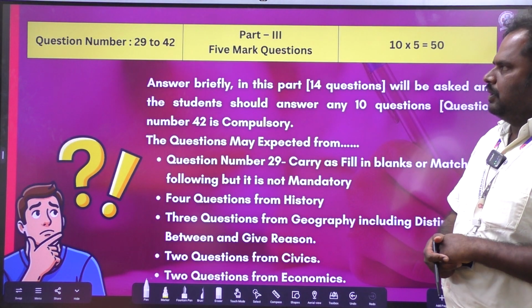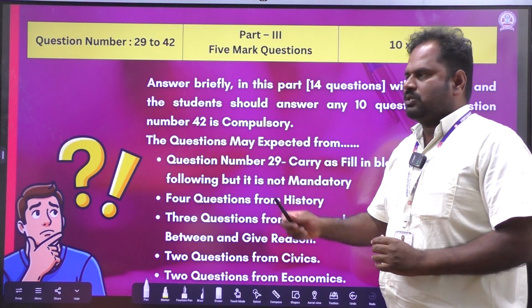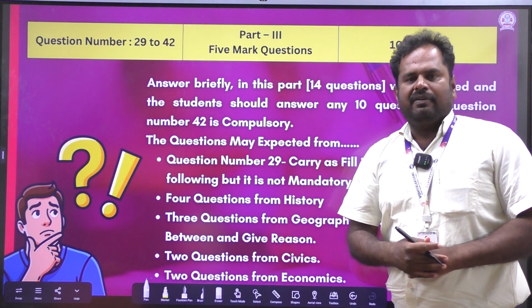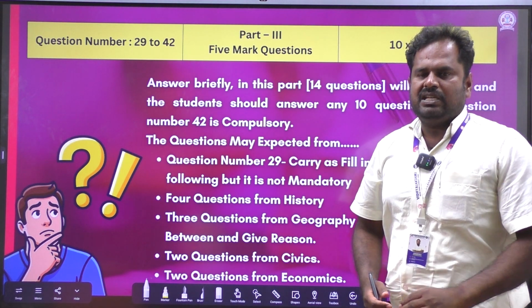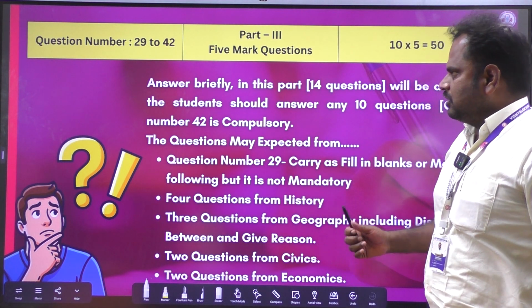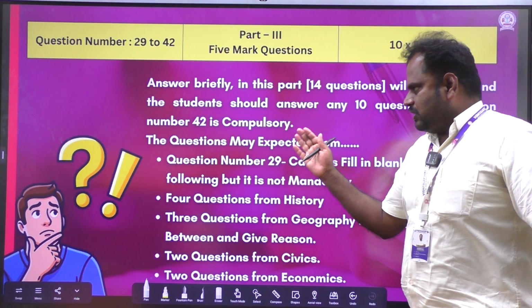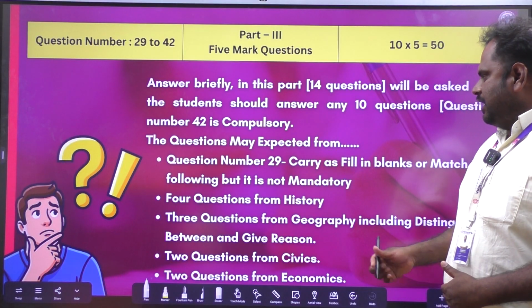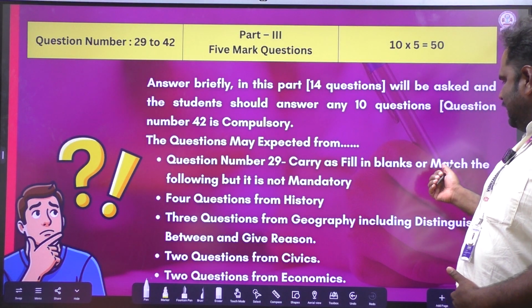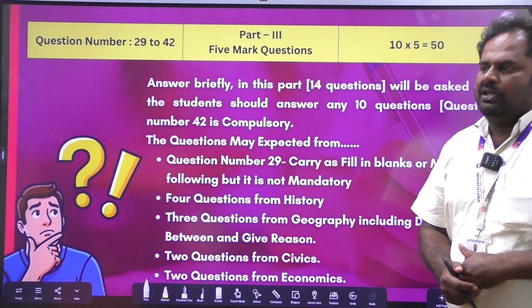How to prepare long answers, especially 5 mark questions. In this section, you have 14 questions and you have to select any 10 of them. Question number 42 is compulsory. Questions may be expected from question number 29, carrying fill in the blanks or match the following, but it's not mandatory.